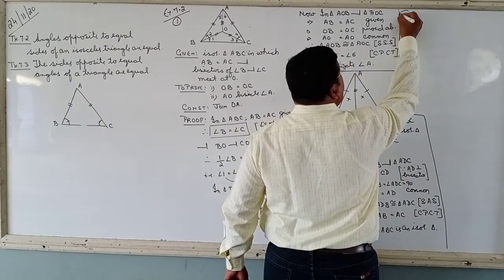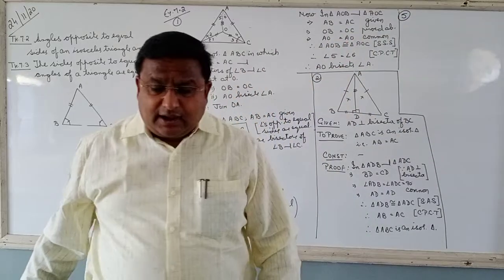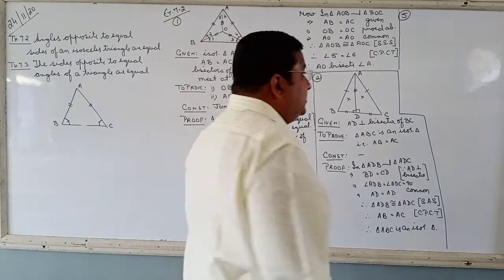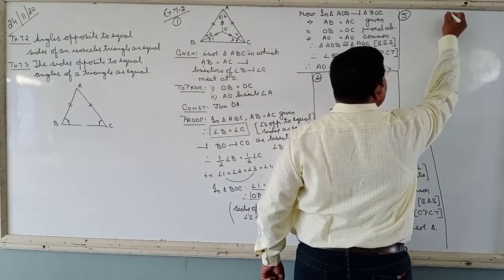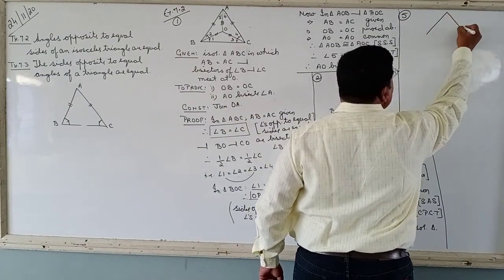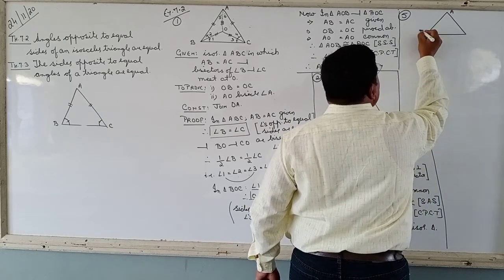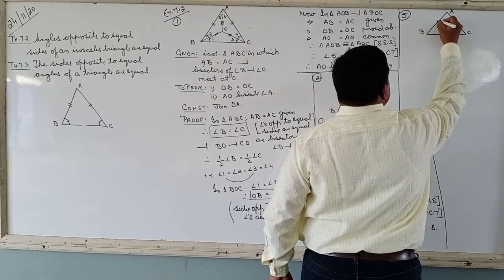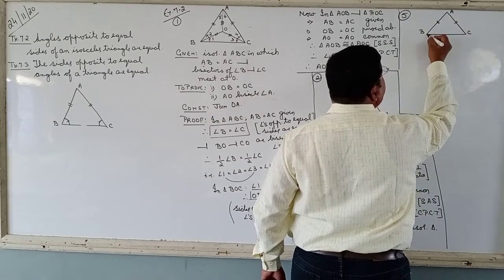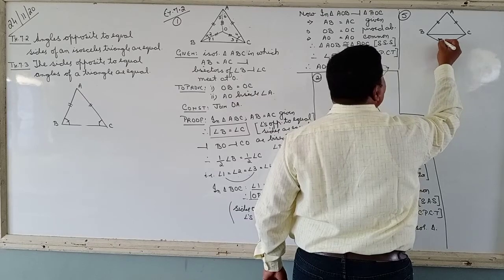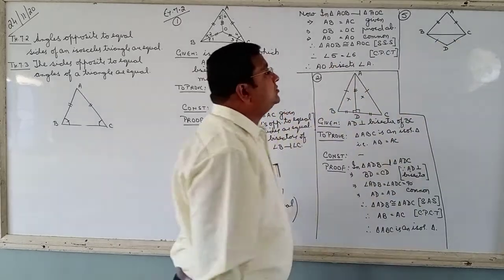In the given figure, ABC and DBC are two isosceles triangles on the same base BC. This is triangle ABC, isosceles triangle, and this is another triangle DBC, isosceles triangle. Both of them are isosceles triangles.